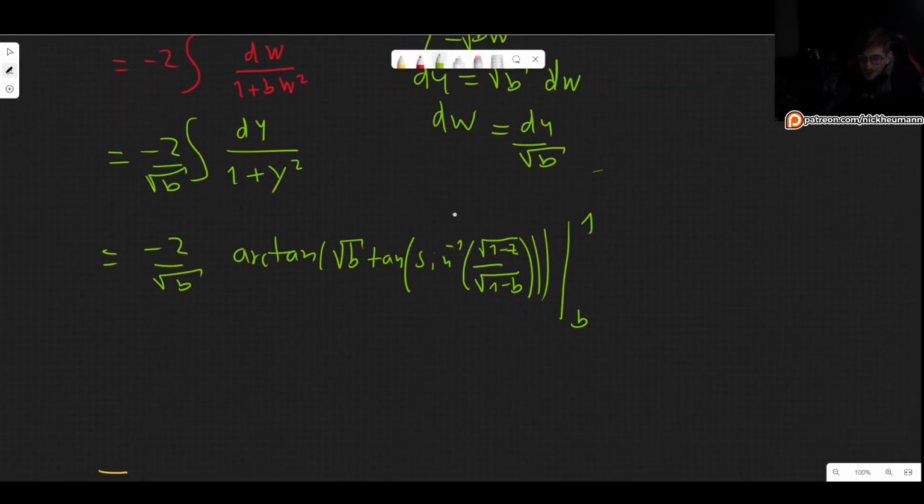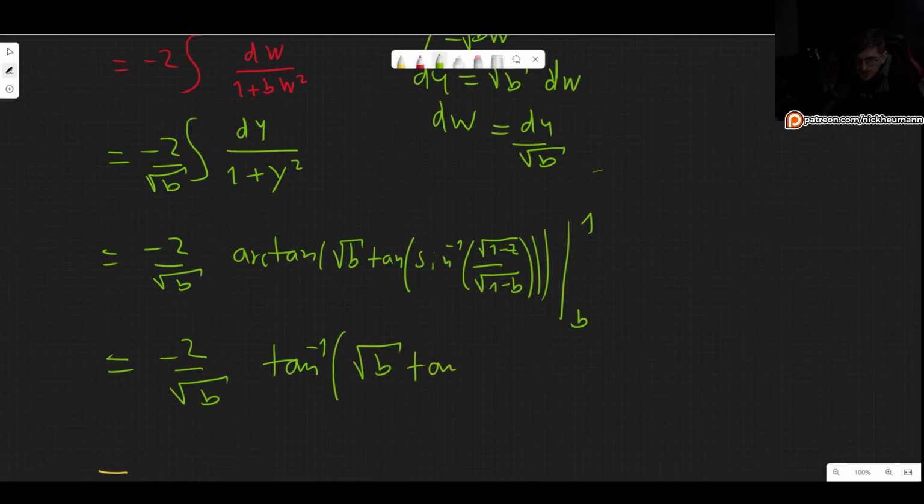Okay, so now we plug it in. So we have minus 2 over the square root of b. And then we have, I'm going to write it like this, arctangent of the square root of b times the tangent of the arc sine of. And if we evaluate at 1, we get the arc sine of 0, which is 0.